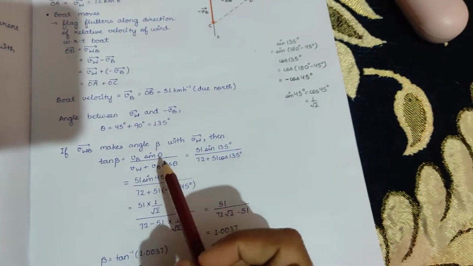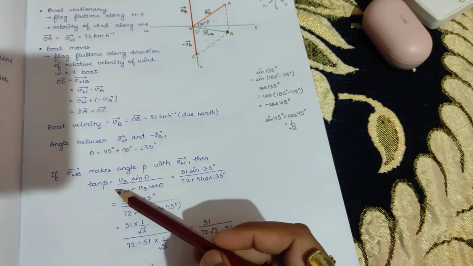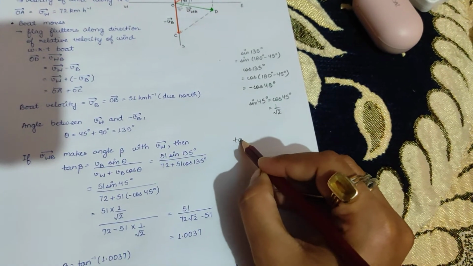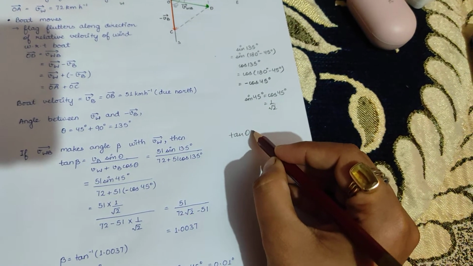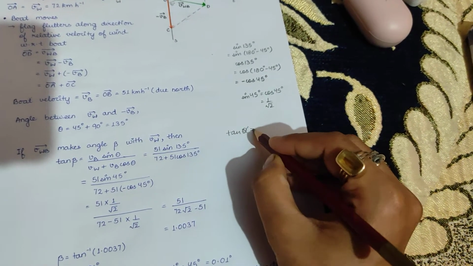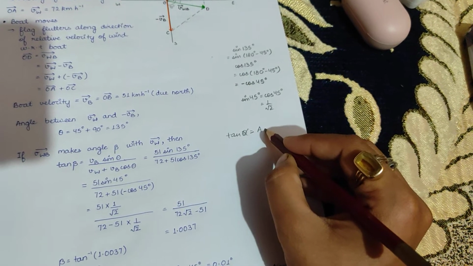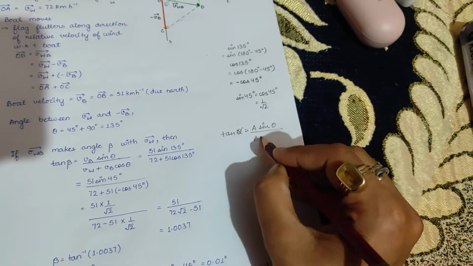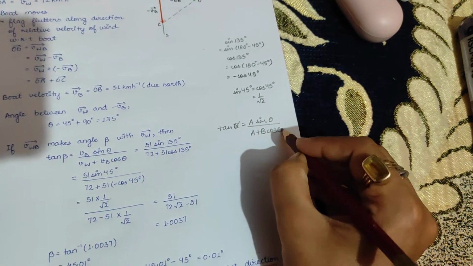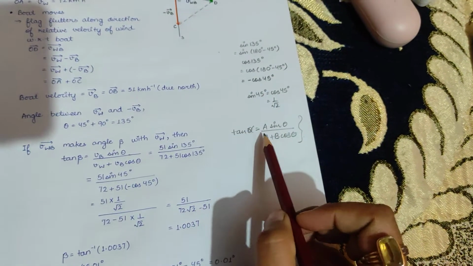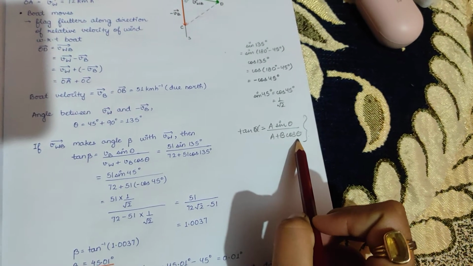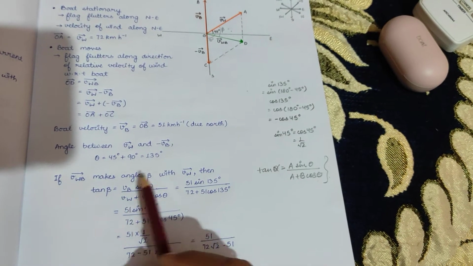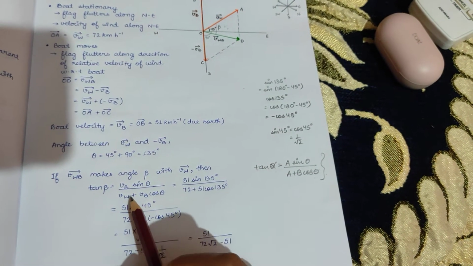Then according to the parallelogram law of vector addition, we know that tan beta is equal to A sine theta upon A plus B cos theta. This is a formula we get from the parallelogram law of vector addition. We will apply it here. In this case, A is vector VB and B is vector VW.